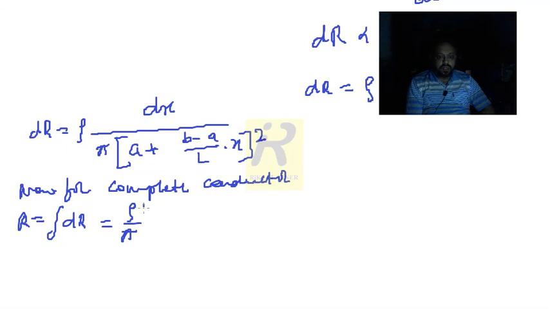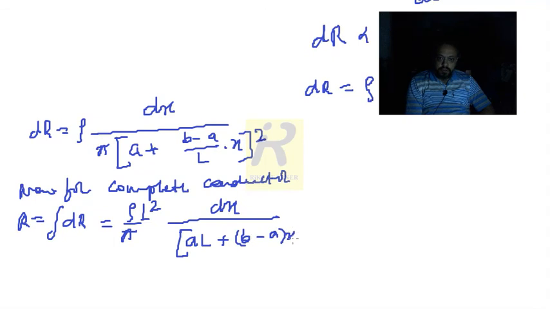So that L square comes in the numerator, and the things which are left inside bracket are dx divided by a into L plus (b minus a) into x, squared.